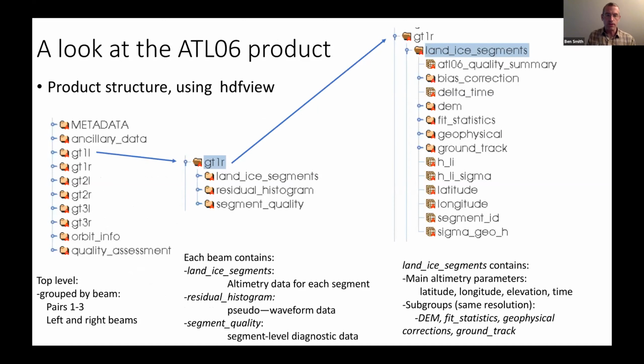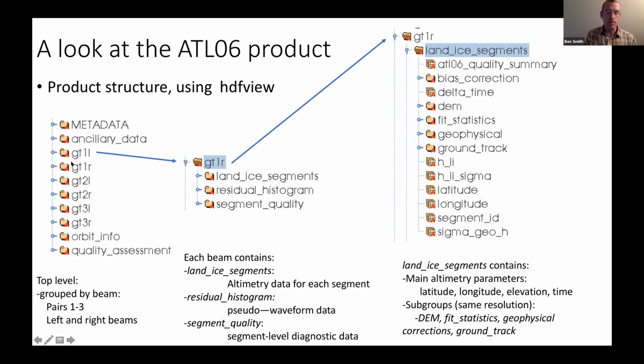Just looking at the product structure itself, this is in a tree view, we have a metadata group and ancillary data group that tells you things like what orbit you're on, what cycle, how the instrument was configured, that sort of thing. And then we have 6 groups that give the parameters for each ATLAS beam.